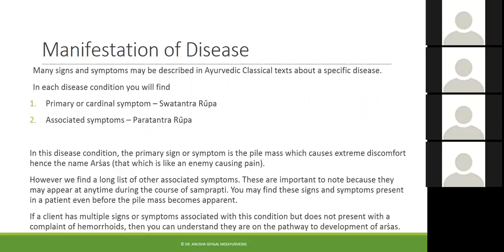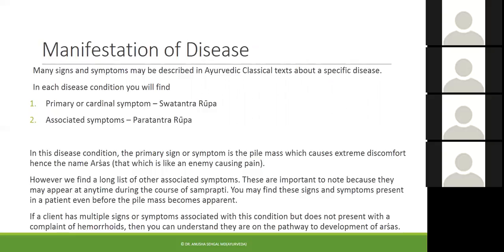So for instance, in this condition, the cardinal symptom is the pile mass, and the actual condition is known as Arśas because Arśas is that which grows out of these tissues such as tvak, mamsa, and medas, and creates a small mass, or as they say, muscle growth that blocks the passage of excretion of the fecal matter and creates a lot of pain and discomfort.